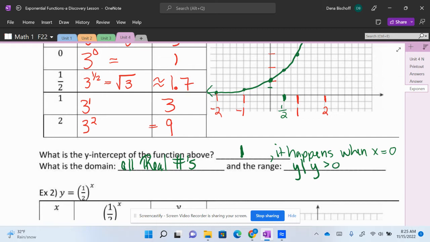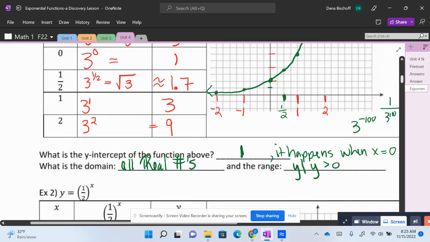And let me explain to you why really fast. If I had 3 to the negative 100 power, that's the same thing as 1 over 3 to the 100th. And 3 to the 100th power is never going to be 0.